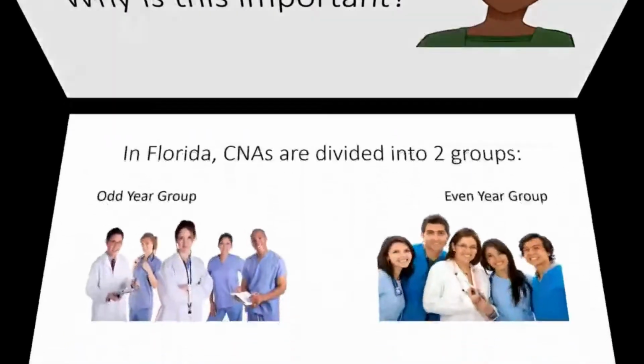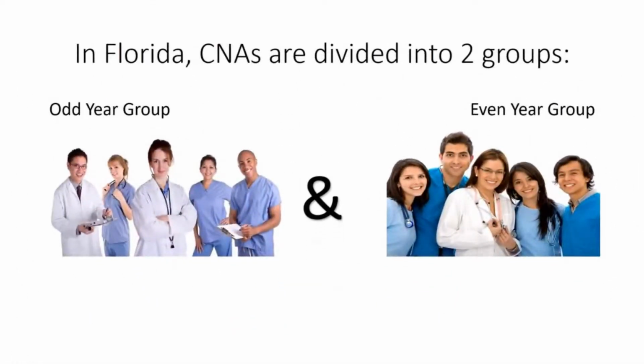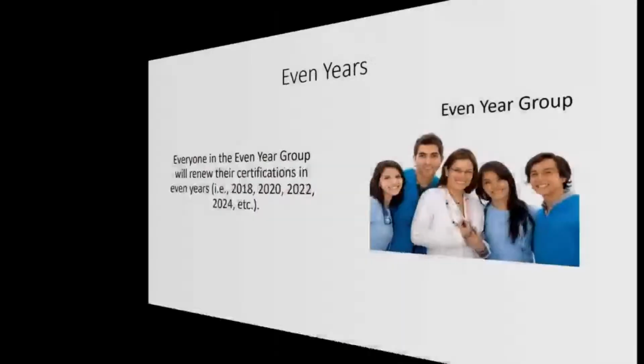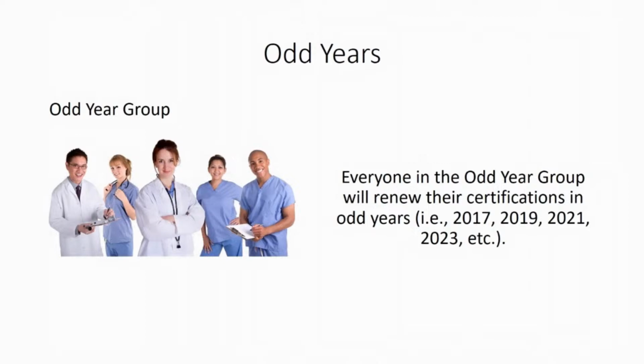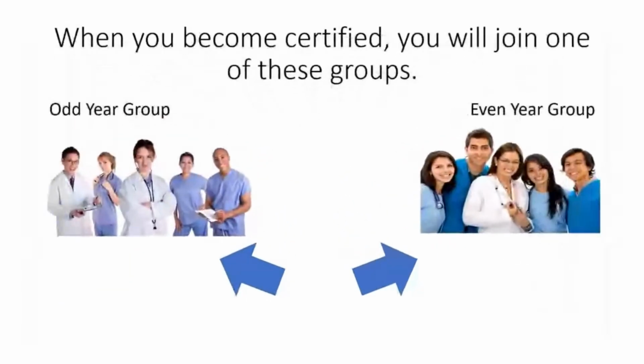In Florida, CNAs are divided into 2 groups, odd year group and even year group. Everyone in the even year group will renew their certifications in even years, such as 2018, 2020, 2022, and so on. Everyone in the odd year group will renew their certifications in odd years, such as 2017, 2019, etc. When you become certified, you will join one of these groups.